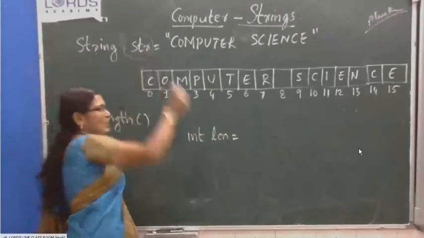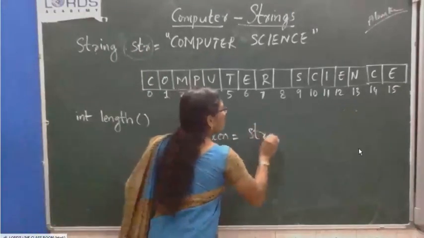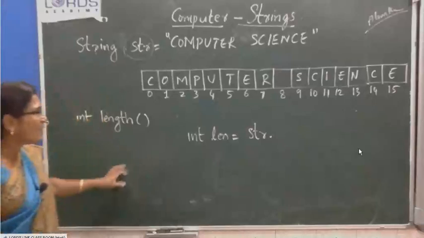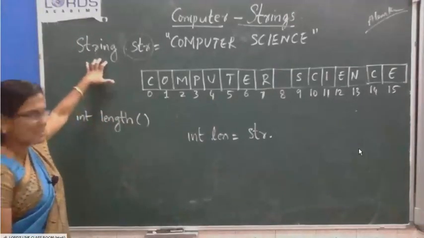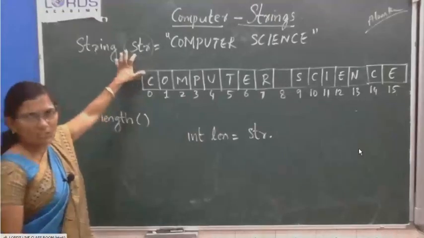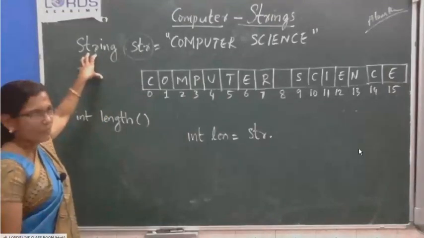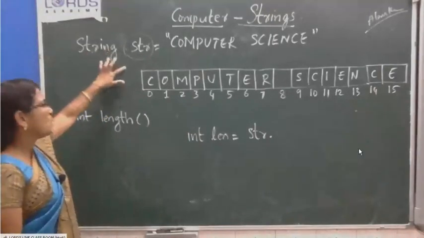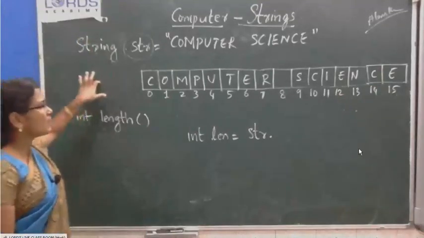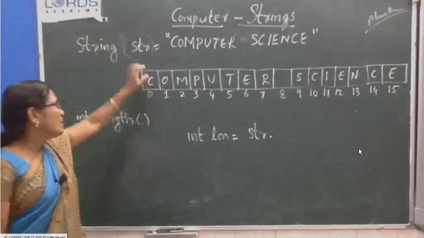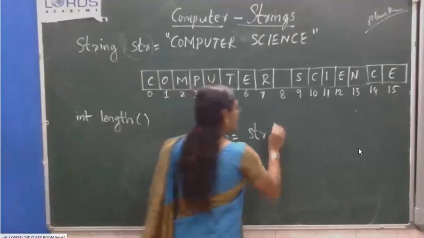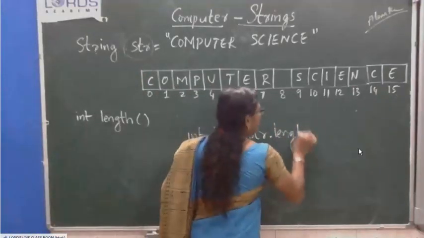That string variable name str dot length method. Length method is defined in the string class. Actually, str is an object of the string class. So, the string class's method you are calling by specifying object name dot method name. Variable name str dot length.